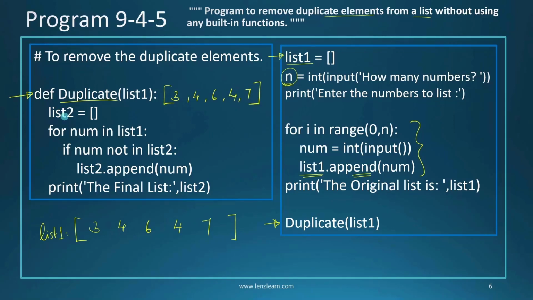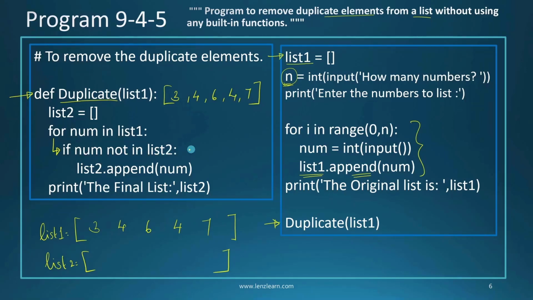Inside the function, I'll create a new list. That is called list 2, and it's a blank list. So right now there is nothing inside list 2. Now we have a for loop which will accept one value at a time from list 1. Inside the for loop, I have an if condition which will check whether the current value which I got from list 1 is not in list 2.